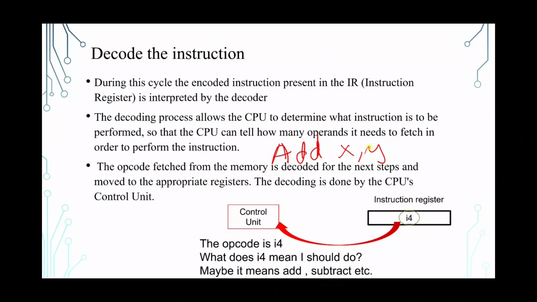But if the opcode means negate, then you need only one operand, X. If X was 5, it becomes -5, right? So the opcode fetched from the memory is decoded for the next steps and moved to the appropriate registers. The decoding is done by the CPU's control unit.